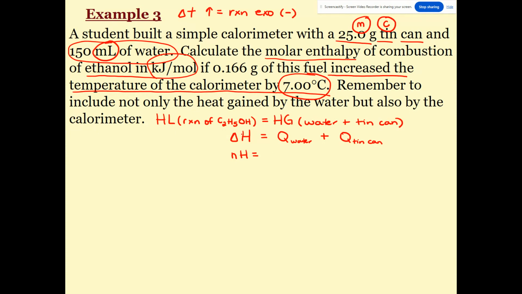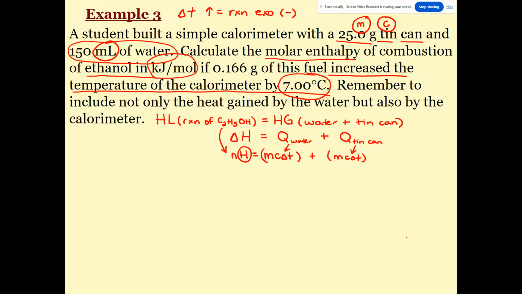I need to replace delta H with nΔH because I'm solving for ΔH here. This is of my ethanol, so I'm going to need to find the moles of my ethanol to rearrange to solve for ΔH. And then I'm going to have an mcΔT calculation for water, and then I'm going to add that to another mcΔT calculation from my tin can.